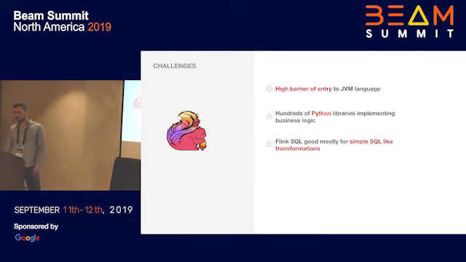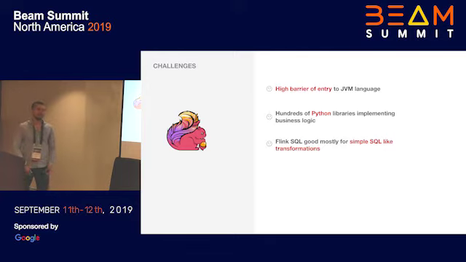On the other side, we have Flink, which can solve the vast majority of use cases that we have, but the first problem for us is that all of our product developers are used to Python, and they don't have much expertise around Java. So there's a higher barrier of entry.